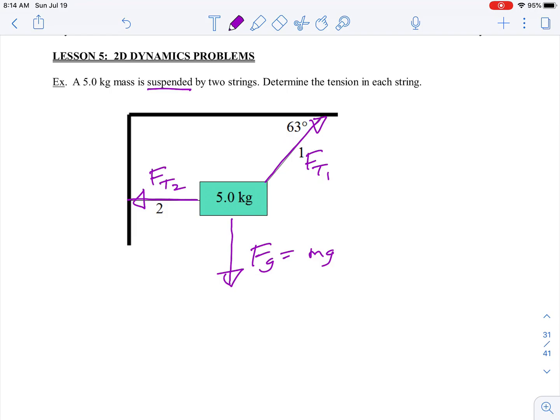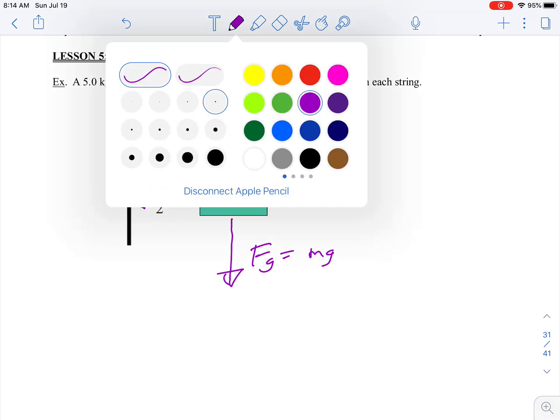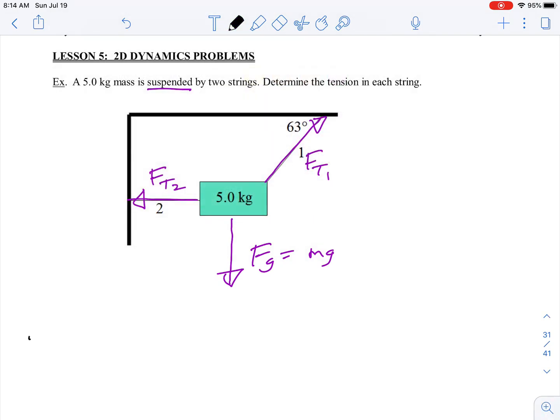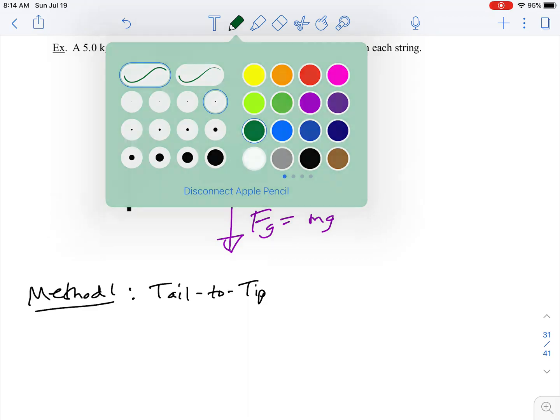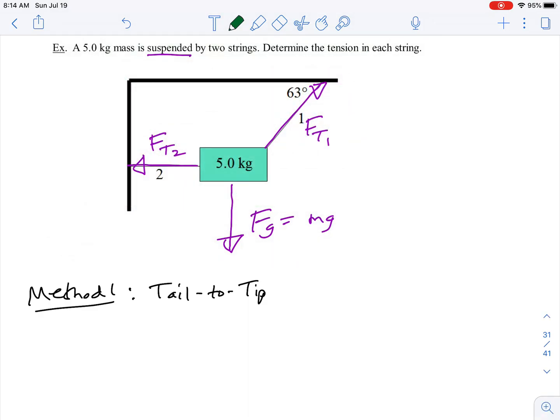There's going to be two different ways we're going to solve this question. Underneath here, method 1. Method 1 is the tail to tip method. If it's suspended and at rest, staying at rest, which law? That would be Newton's first law.